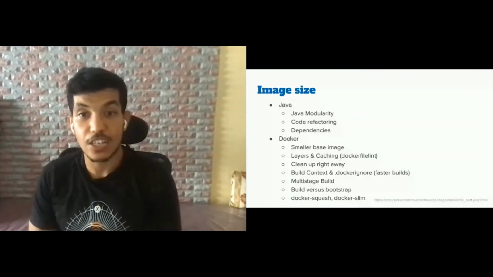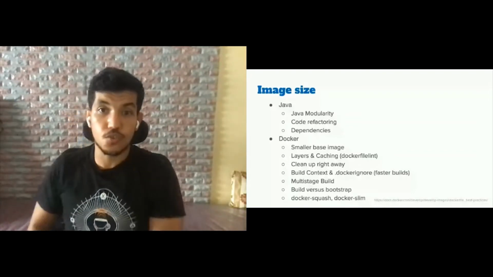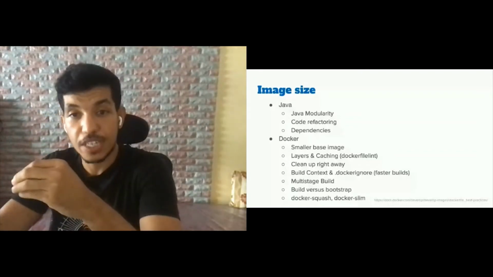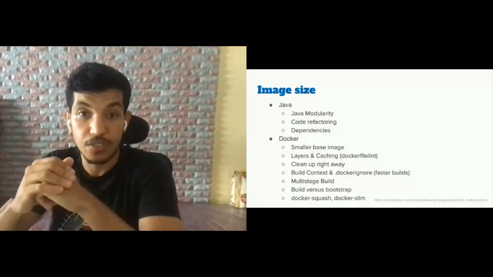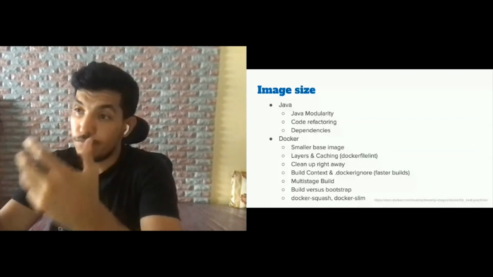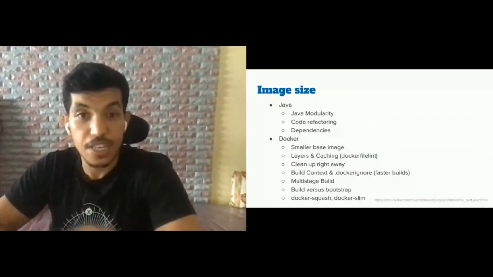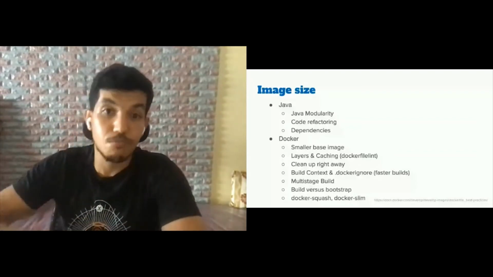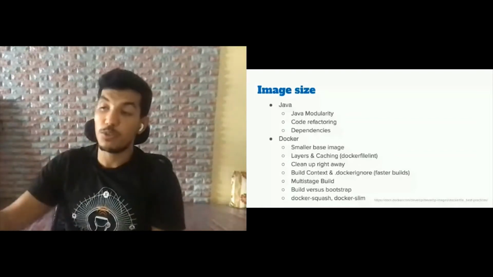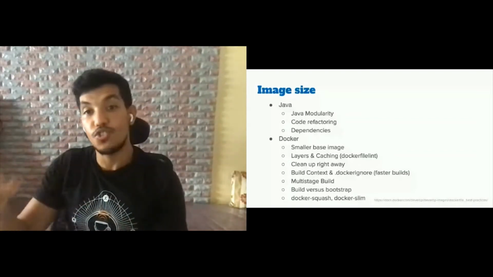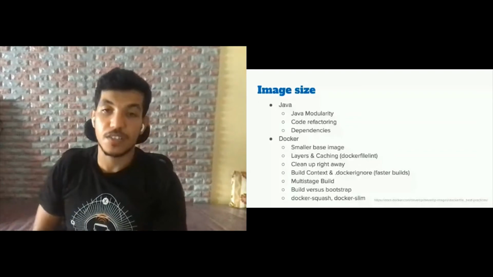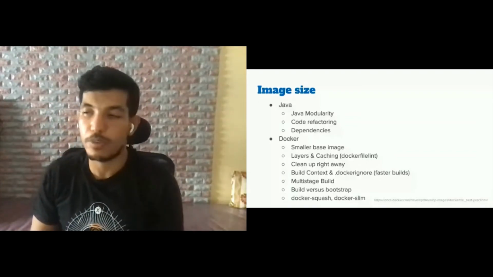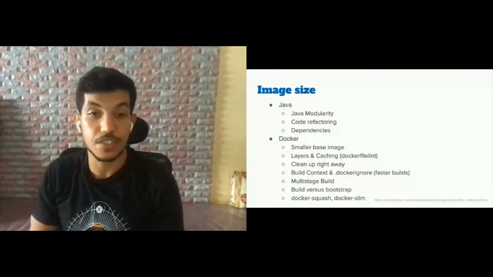It enables us to make our own custom JRE as well. So Java Modularity offers basically two things: selecting the modules that we need during runtime, and the possibility to create our own custom JRE, and the result will be a JVM and a JRE that is a lot smaller.